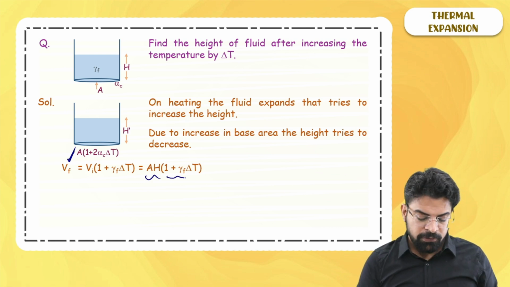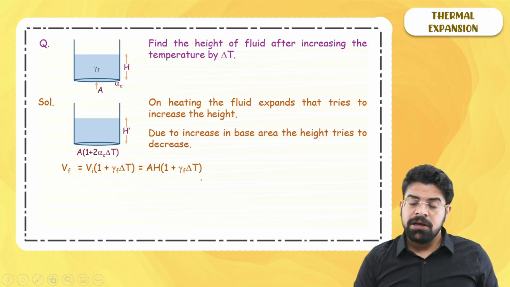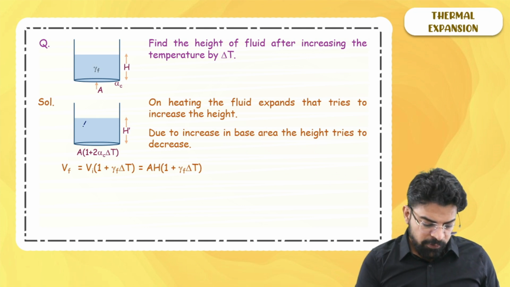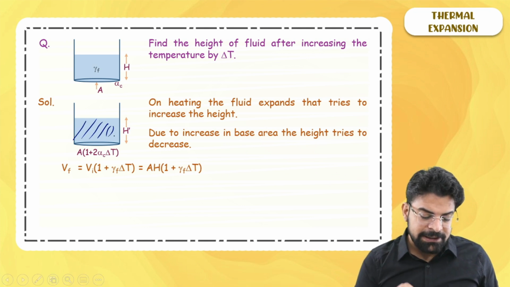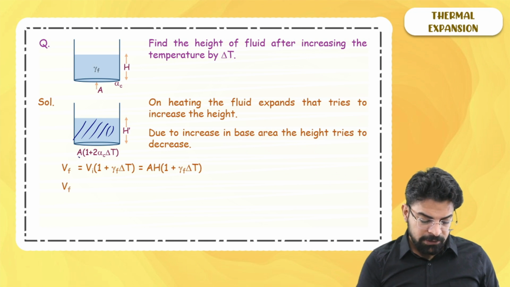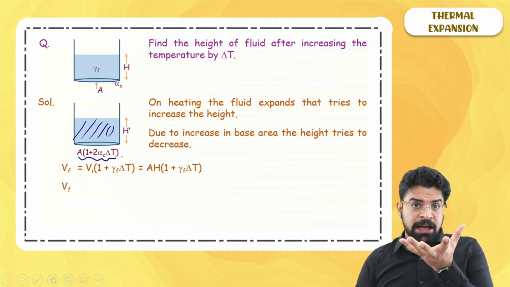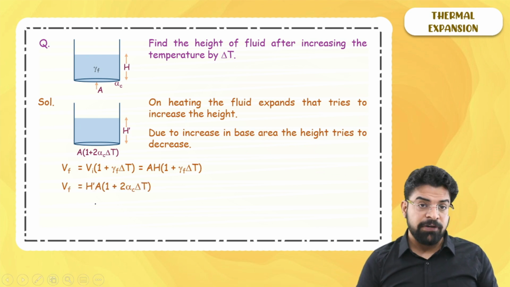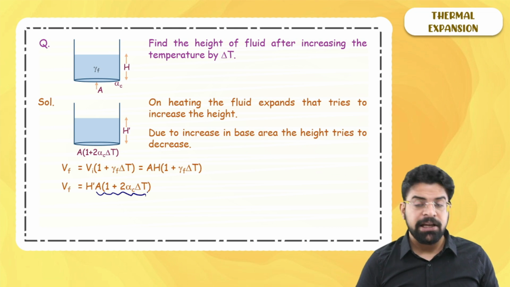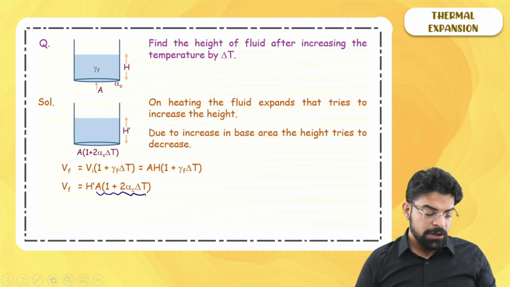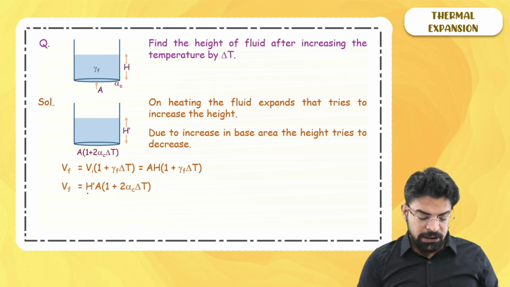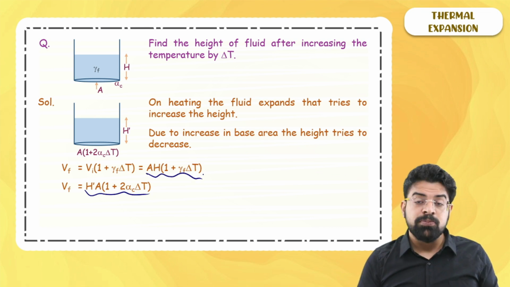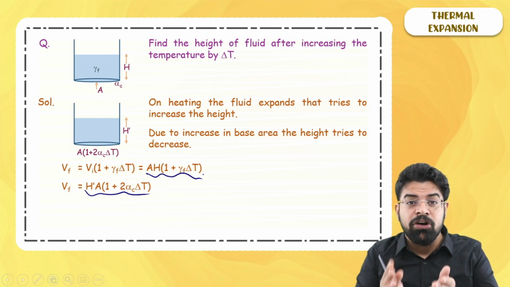You can even say the final volume of fluid in the same container is equal to the final base area after heating multiplied by the final height, which is H dash times original area into 1 plus 2 alpha delta T. All you have to do is equate these two quantities, because both of them represent the final volume of the fluid.